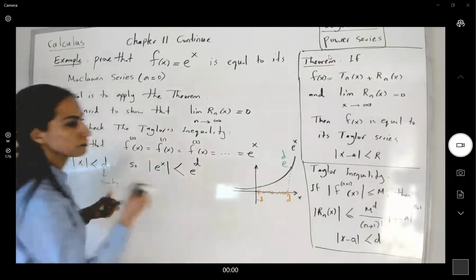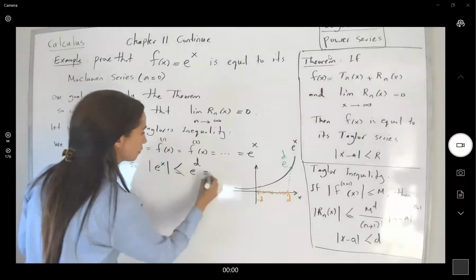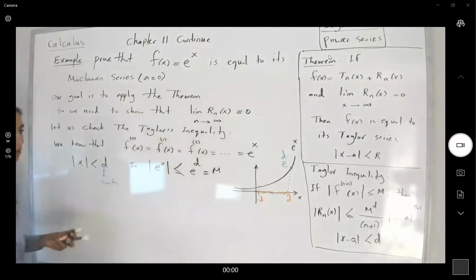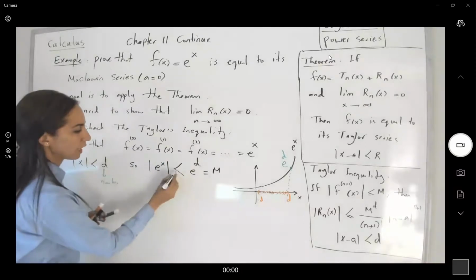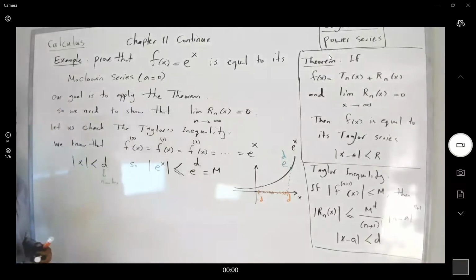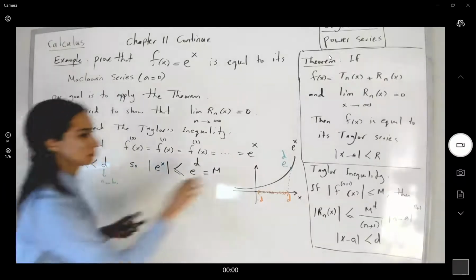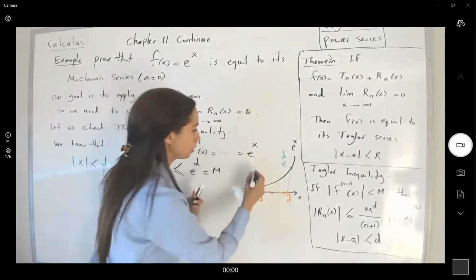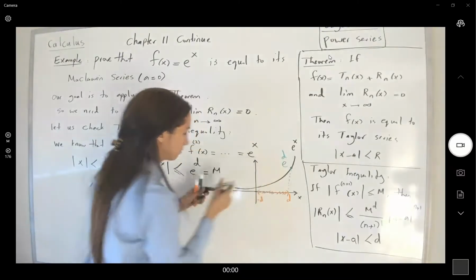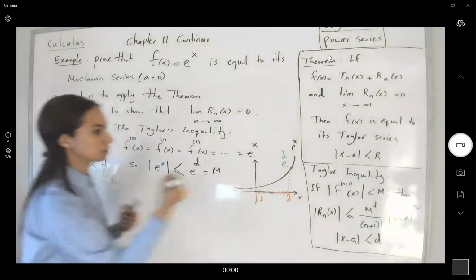This is your M. Do we have M? Yes, we just found it by analyzing e to the x. So this constant is e to the d.